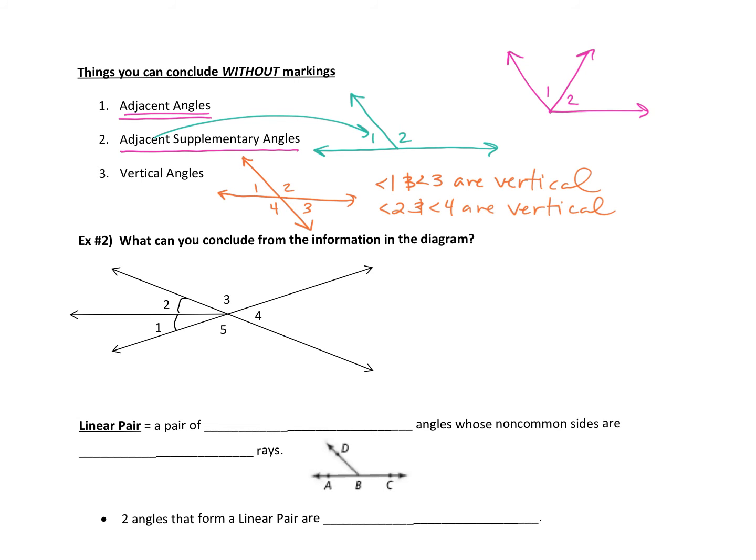Does that make sense? Most of the time you have to have markings. They have to say these angles are congruent or these angles are a certain number of degrees. These three scenarios are the only times you don't have to have markings.